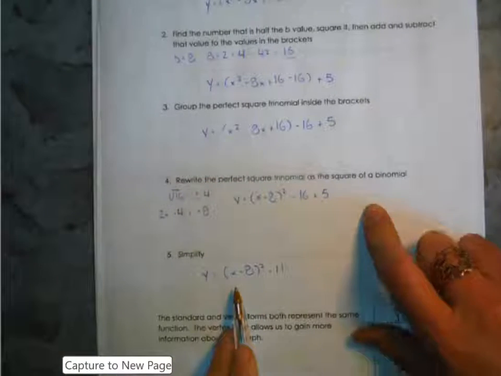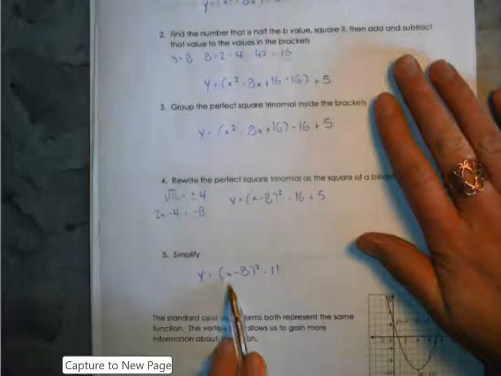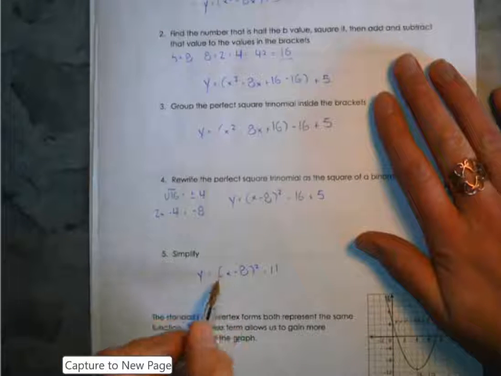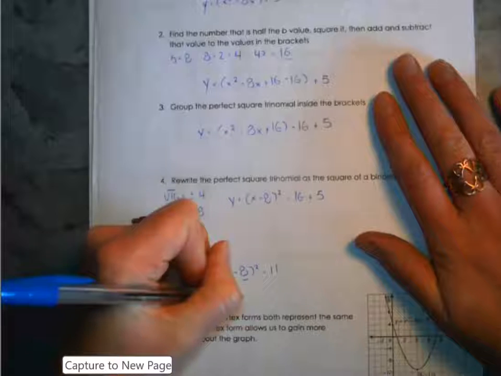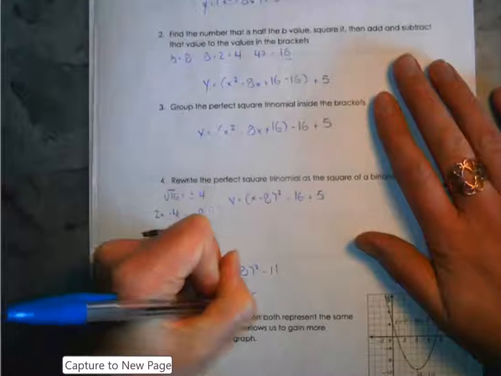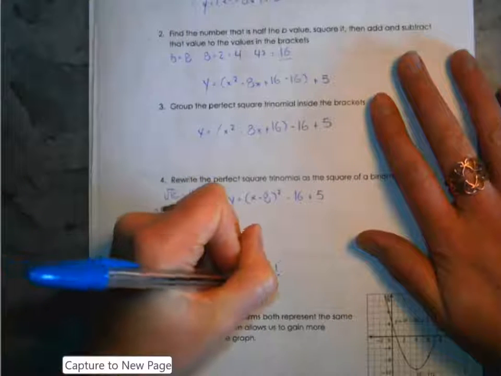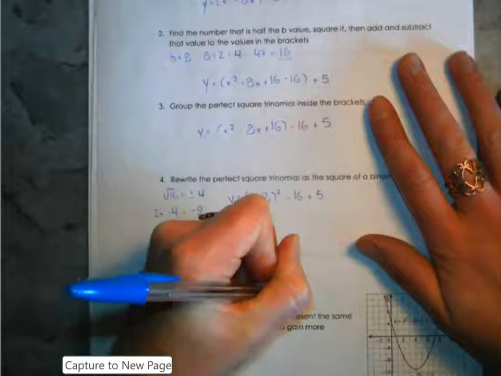Okay, and so now I have my vertex form, which remember is a, well, a would be out here, so it's not really anything. And then this is going to be my p value, which is my x coordinate of my vertex, right? And I have my q value, which is my y coordinate of my vertex.